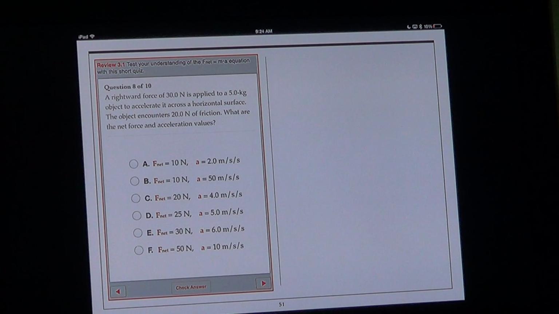Okay. A rightward force of 30 newtons is applied to a 5 kilogram object to accelerate it across a horizontal surface. The object encounters 20 newtons of friction. What are the net force and the acceleration values? So first of all, you have to calculate what the net force would be.